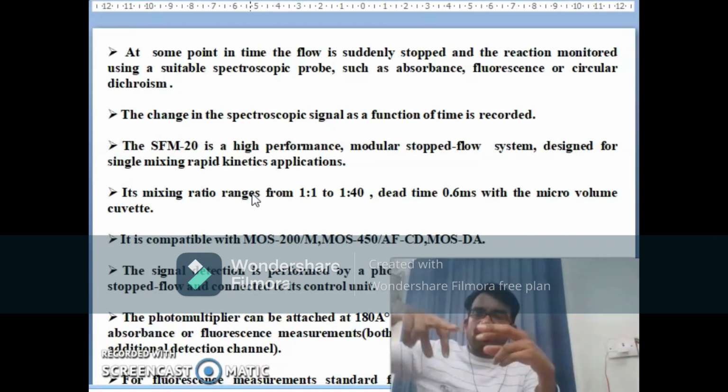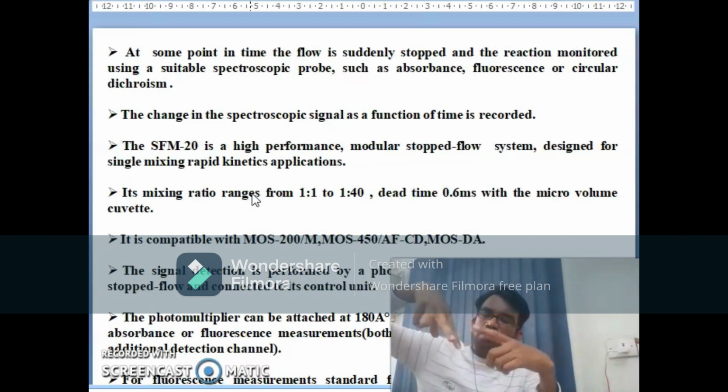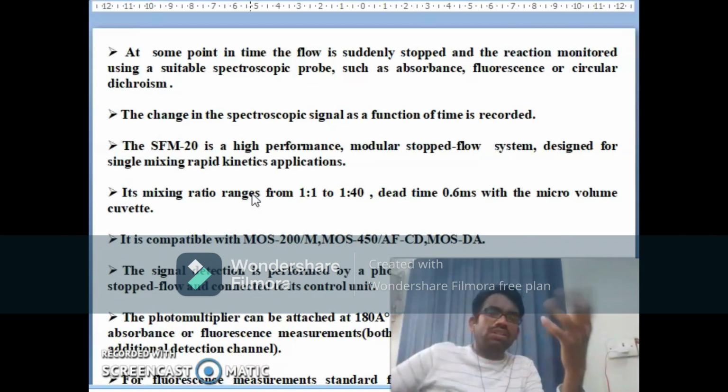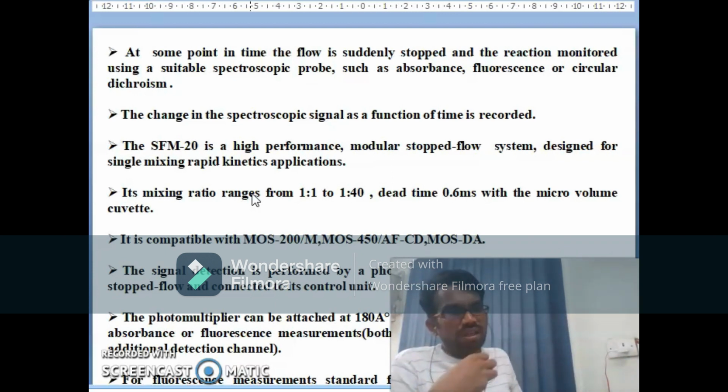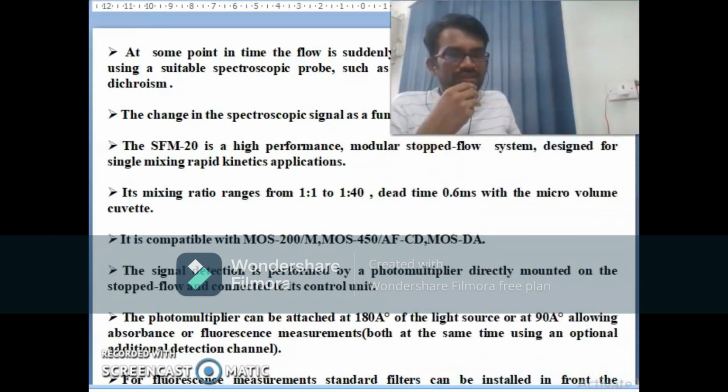You can mix A solution and B solution in this range of ratios. The dead time is 0.6 milliseconds, with a micro volume cuvette. These are some of the models you can find.